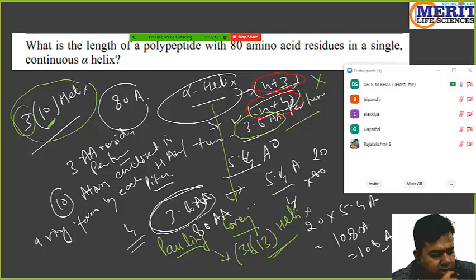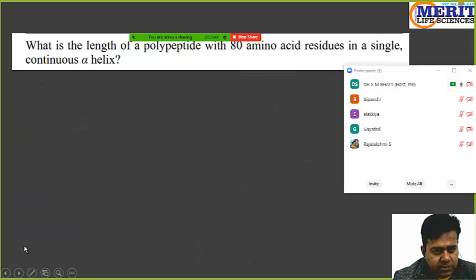So there is also another aspect in which range you can say that according to Ramachandran plot, what should be the phi psi value of this alpha helix? Both should be, let me give you the option, right? Then it will be easy for you. According to whom? Who was the scientist? Ramachandran.